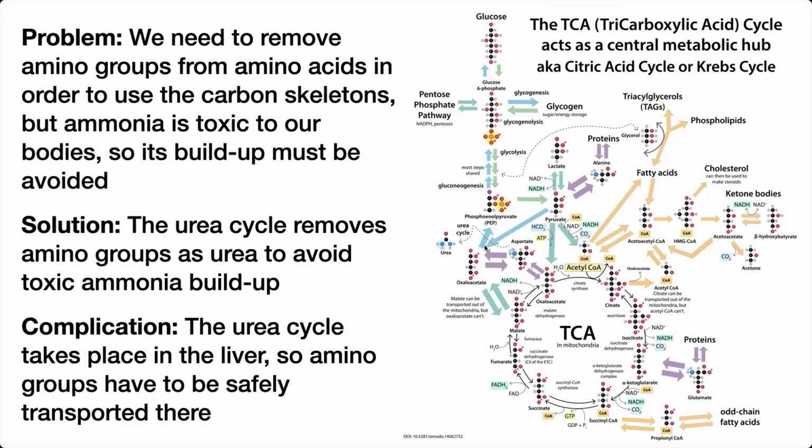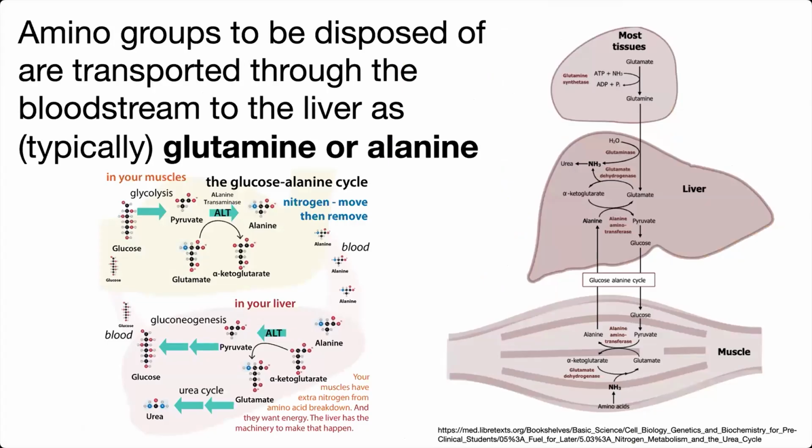The urea cycle is going to safely remove those amino groups as urea, rather than as ammonia. But there's a complication because the urea cycle is happening in the liver, but we want to be breaking down amino acids and breaking down proteins in all sorts of tissues. So how are we going to get those amino groups safely there? They're typically transported through the bloodstream in the form of glutamine or alanine.